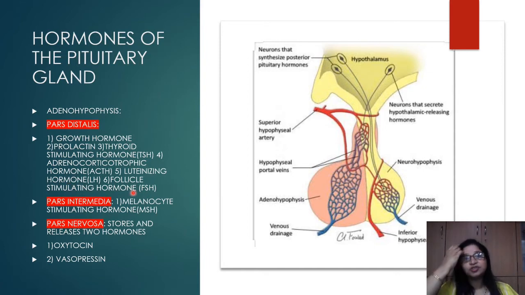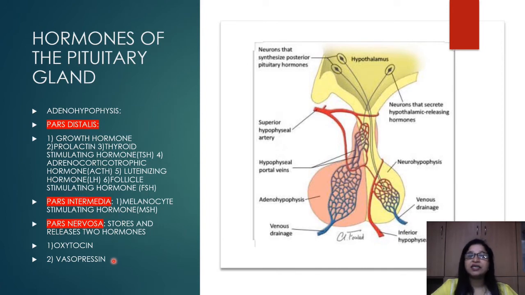So the anterior pituitary, if you see, secretes quite a few of these hormones. The pars intermedia secretes a hormone called the melanocyte stimulating hormone or the MSH. The posterior pituitary or the pars nervosa stores and releases two hormones, oxytocin and vasopressin, also called the anti-diuretic hormone.